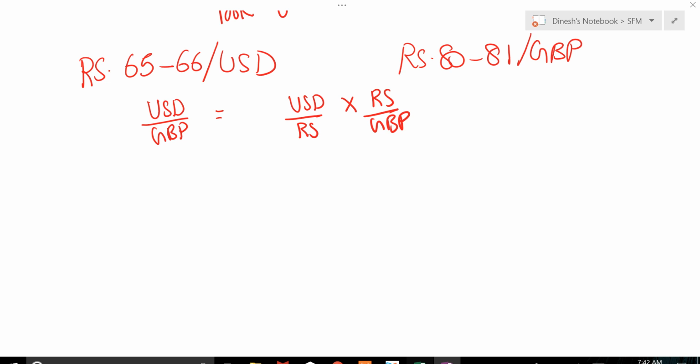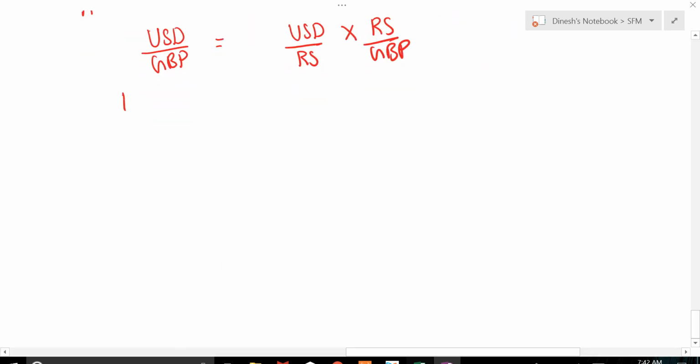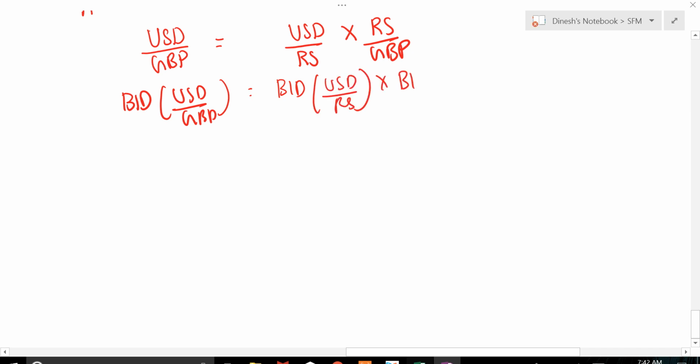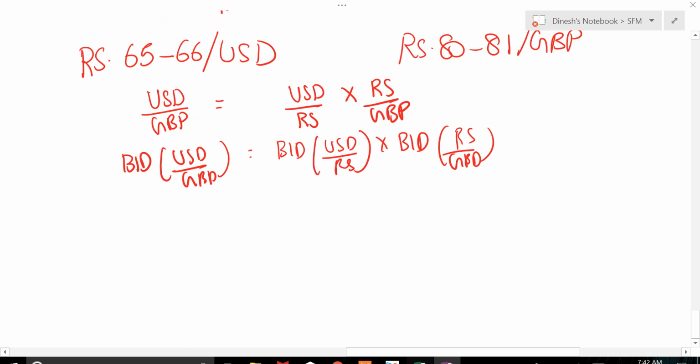Now after splitting the quote, I'll write bid USD per GBP is equal to bid USD per rupee into... If you want bid, attach bid to everything. If you want ask, attach ask.